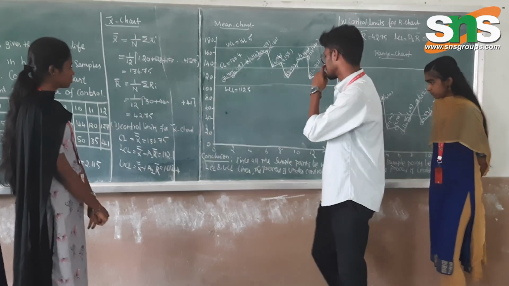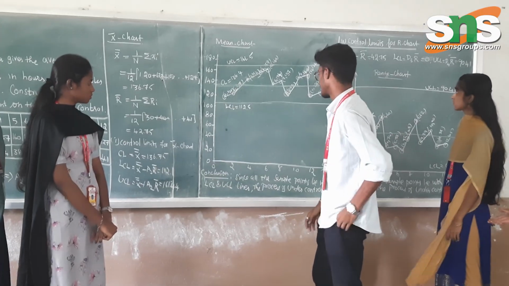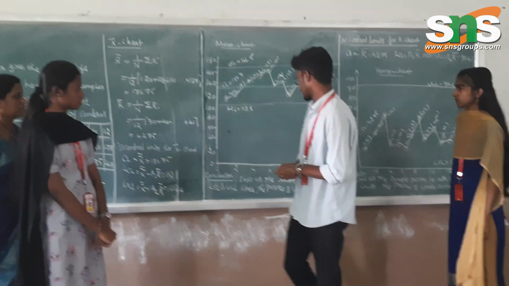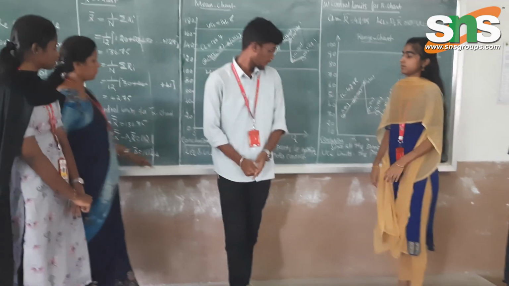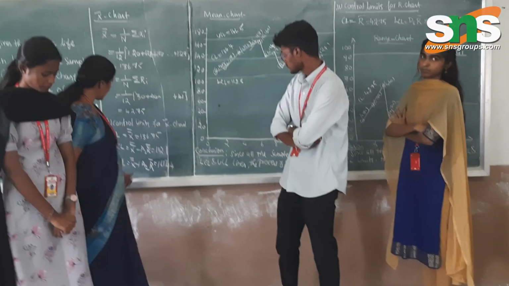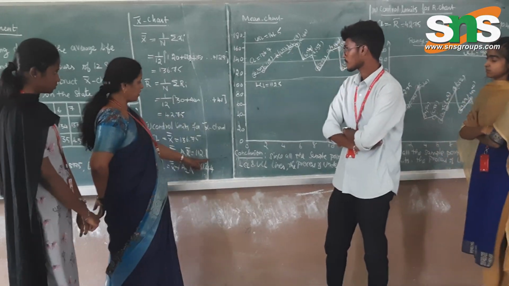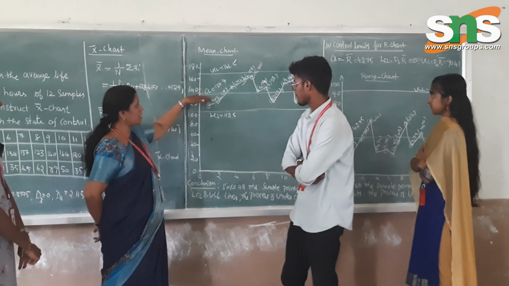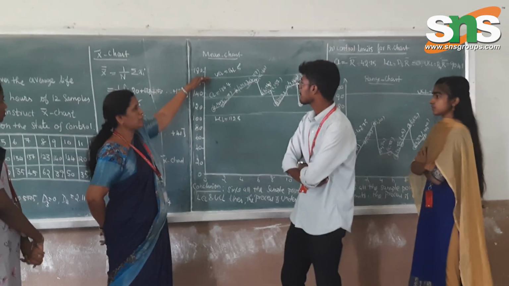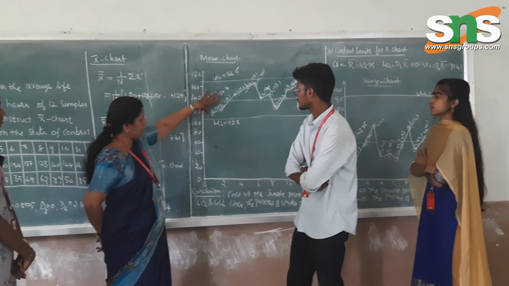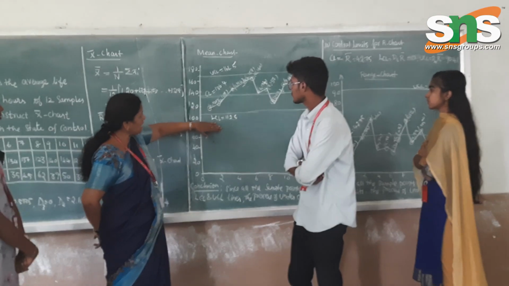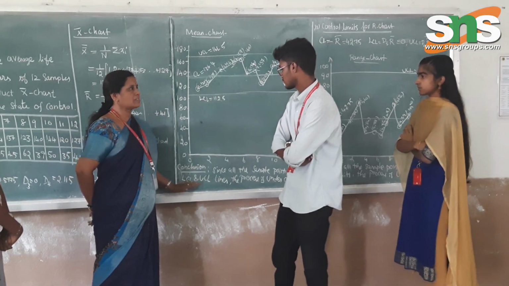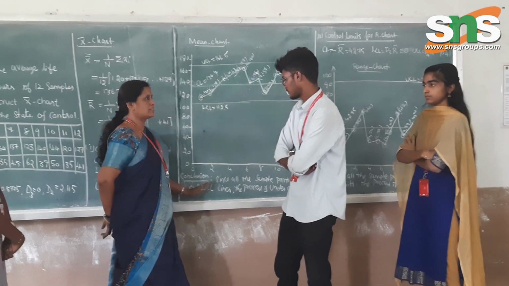The conclusion is, since all the sample points lie between the UCL and LCL lines, the process is in control. Here we draw the LCL line at 112.5, after that the central line, then the UCL line. The graph lies between the LCL and the UCL lines, so this process is under control for the mean chart.